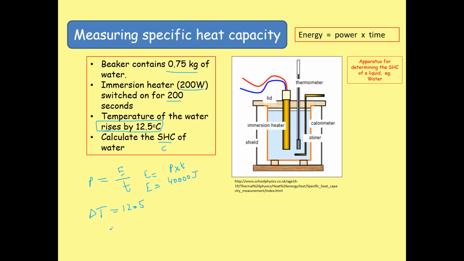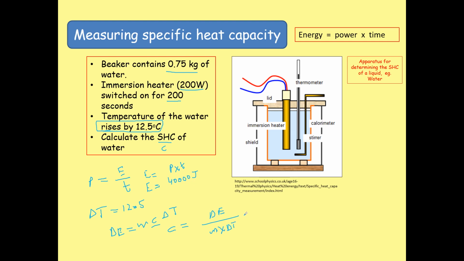So we do know that the change in energy, delta E, is equal to m C delta T, right? And we want to find this C. Now we keep C on one side, and we take the rest of these, since they are multiplied with C, to the other side, where they will be divided. So C equals delta E, the change in energy, which is this value, divided by the mass times delta T, right?